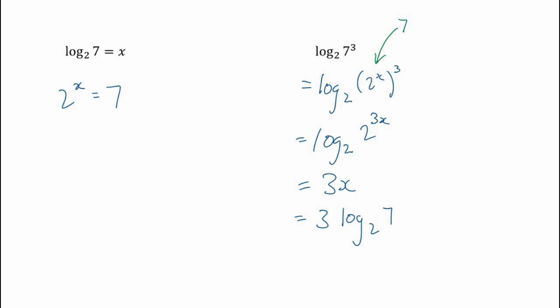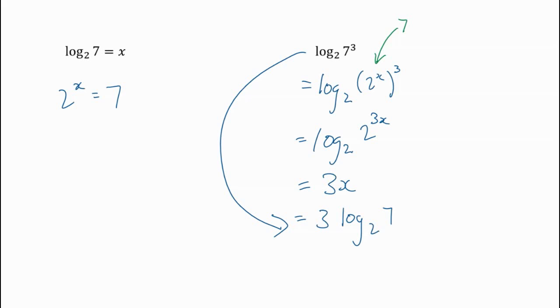You might not see it yet, but this is huge. Something huge just happened here. Okay, so look carefully. We started with log base 2 of 7 cubed. And then through this little demonstration, we showed that it's equal to taking the exponent of 3 out front and multiplying the log by that.